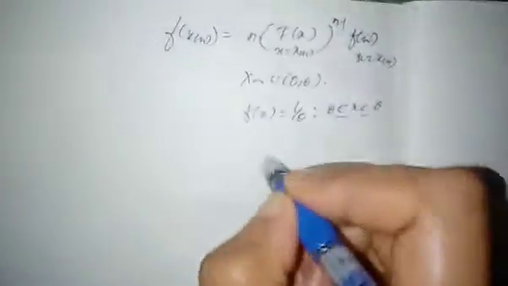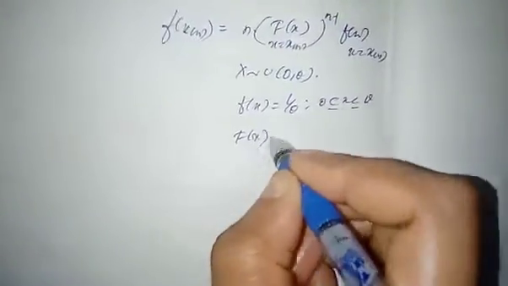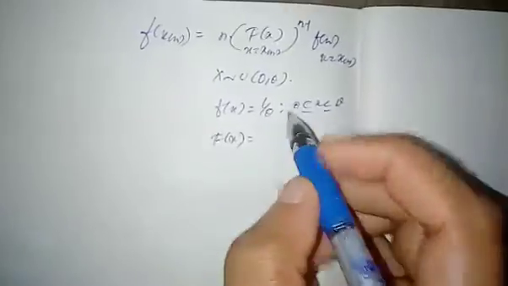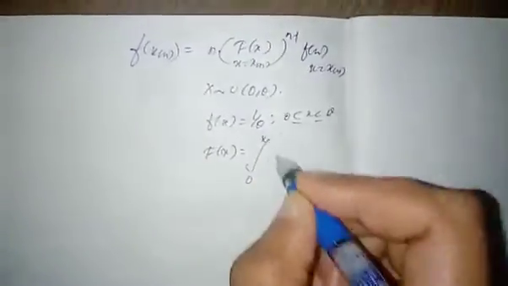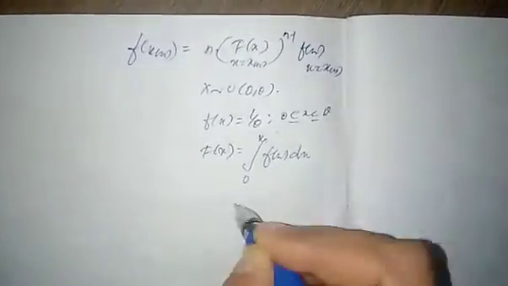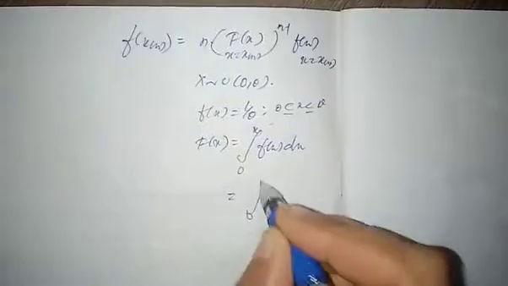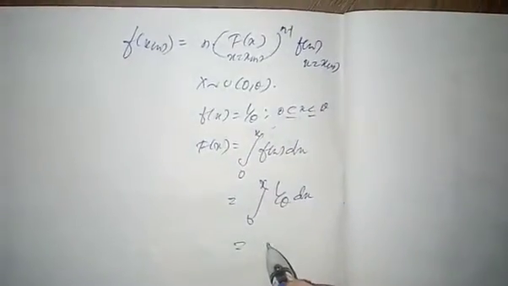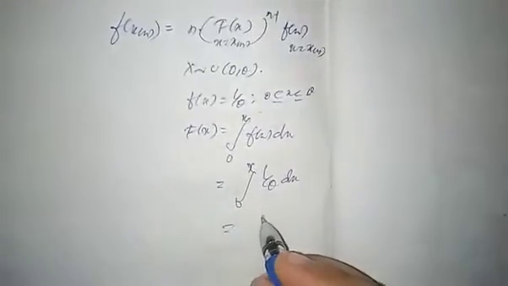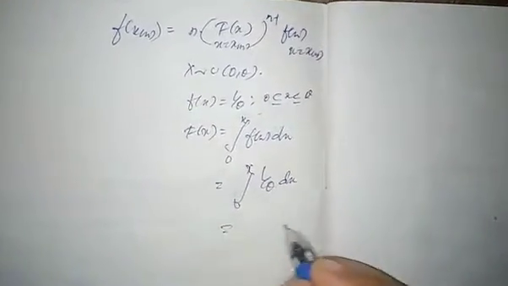Then what is capital F of x equal to? We solved this, right, in the last size of the test problem. That is the integral over 0 to x of f of x dx, which is equal to the integral over 0 to x of 1 by theta dx, which equals x by theta, right?